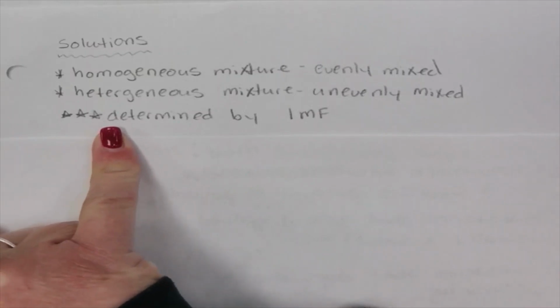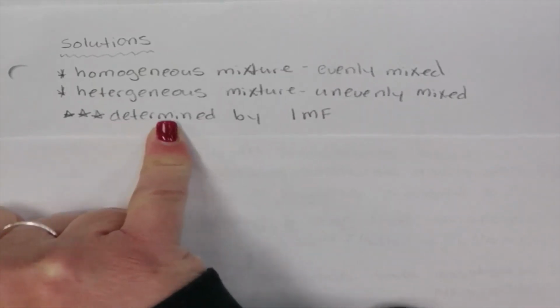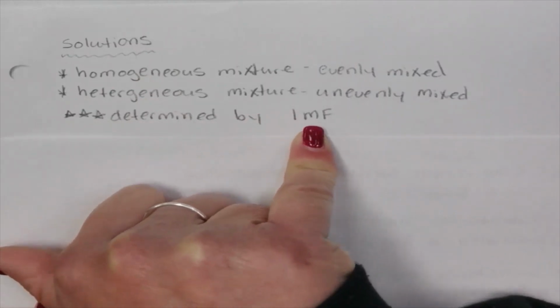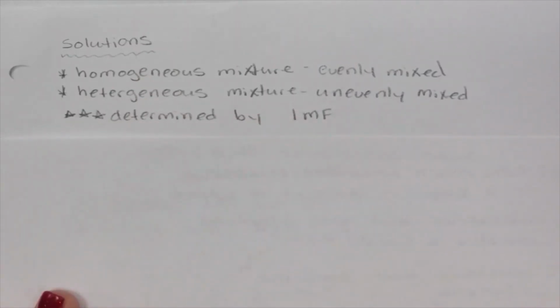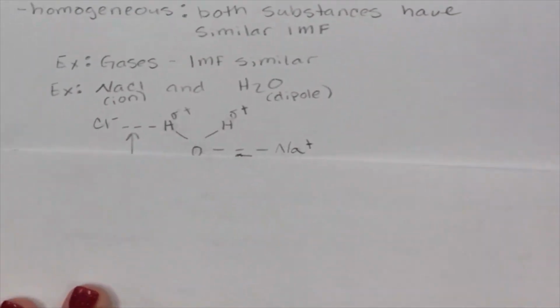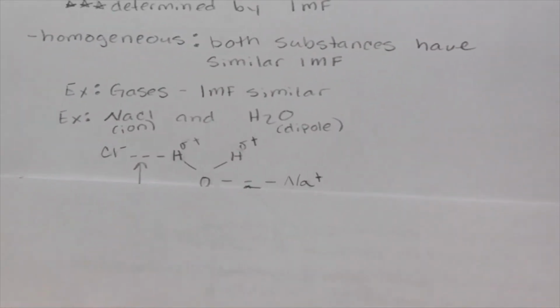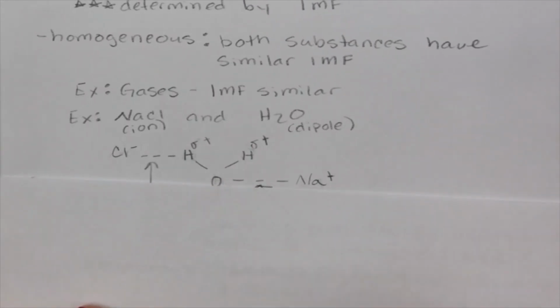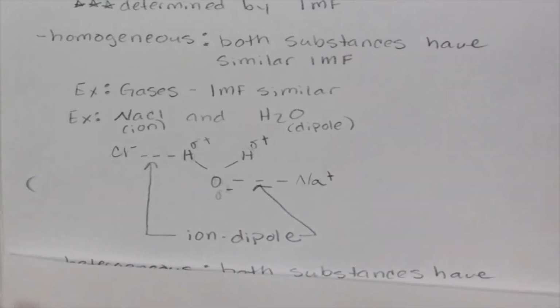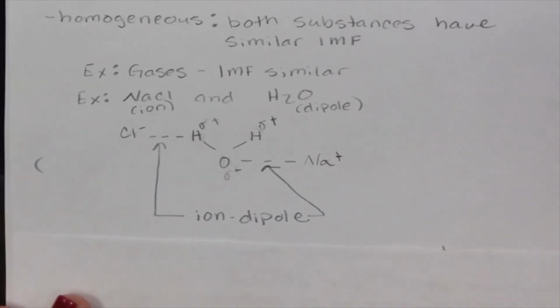Now, ultimately, our solutions in terms of homogeneous or heterogeneous are going to be determined by their intermolecular forces. A homogeneous mixture is going to be one where our substances have similar intermolecular forces. All right, and so we have this example down here.